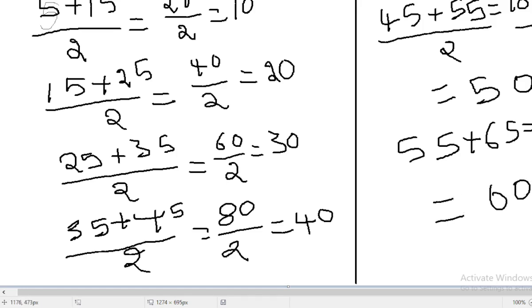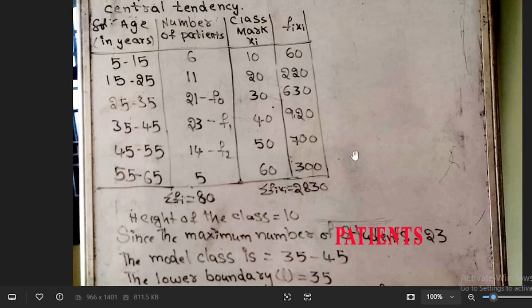Next class, what is the midpoint? We write that as the next class mark. So like that, here we got the class marks as 10, 20, 30, 40, 50, 60.